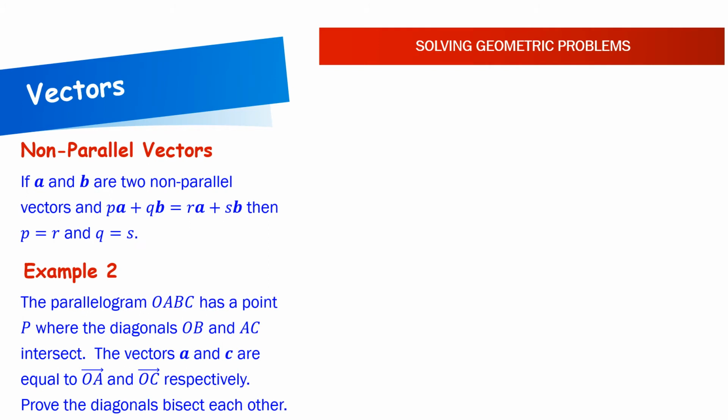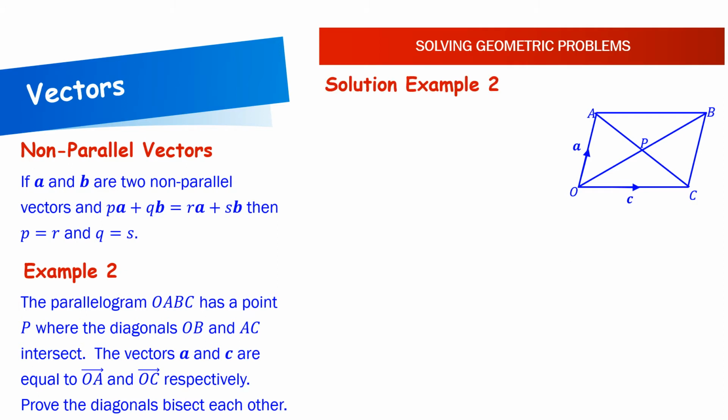The parallelogram OABC has a point P where the diagonals OB and AC intersect. The vectors a and c are equal to OA and OC respectively. Prove the diagonals bisect each other. So let's take a look at the diagram and solve this problem.